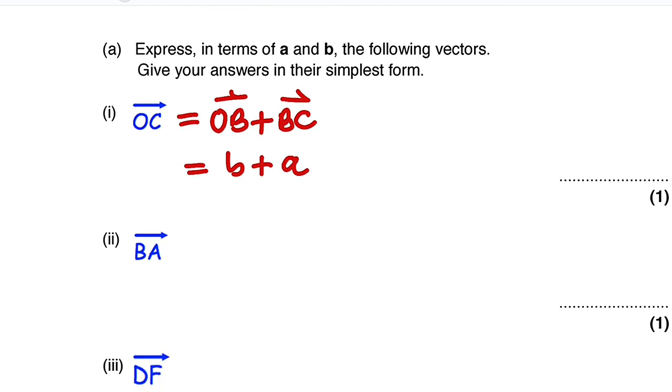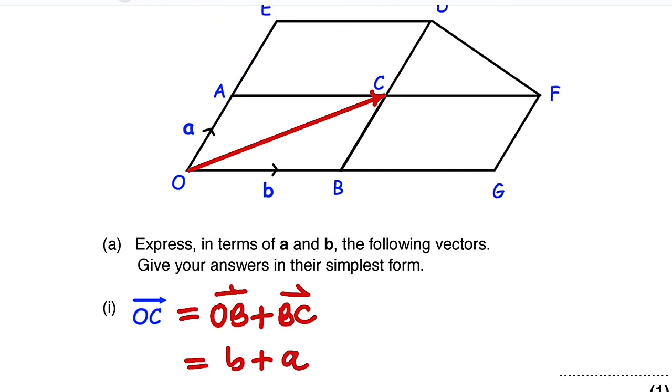Then the second question, we are asked to find BA. Where is BA? BA implies this vector here. This one. And you may follow this direction, then back to this one, or you can follow here, right? So we can say that BA is the same thing as BO plus OA. But BO will be negative B. Remember, the direction matters.